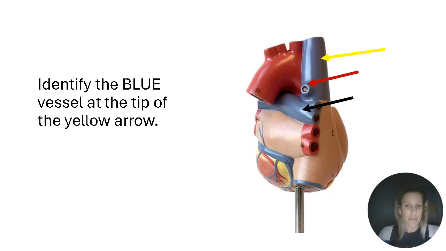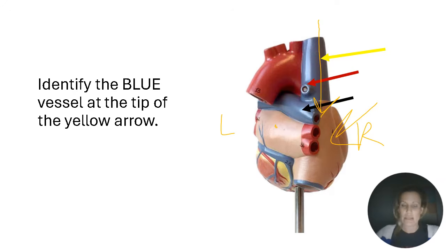Identify the blue vessel at the tip of the yellow arrow. So we're looking at a heart model here. Right? This is the back of the heart model. Because we're looking at it from the back, this is left and this is right. So up here's the left atrium. This over here, this is the right atrium. So at the tip of the yellow arrow, we're looking at this blue vessel that's coming into the top of the right atrium.